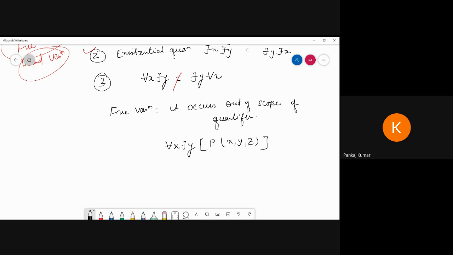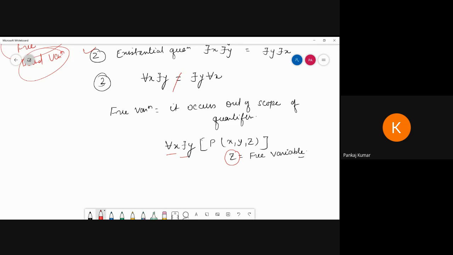It occurs out of the scope of the quantifier. Z is a free variable, that means it is out of scope, because in the quantifier we can use only x and y. And the bound variable.